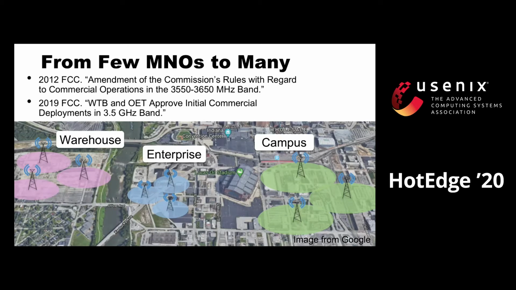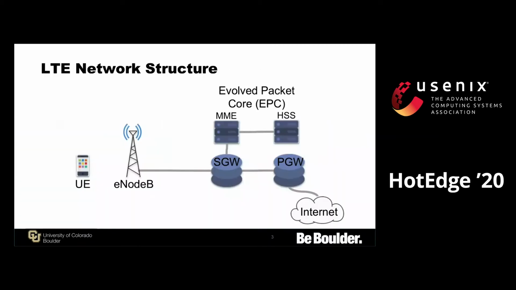When coupled with license-assisted access operating in the 5 gigahertz band, there's quite a bit of spectrum available for use by small-scale network operators. CBRS and LAA are seen as particularly applicable to enterprise, campus, and municipality scale LTE deployments.